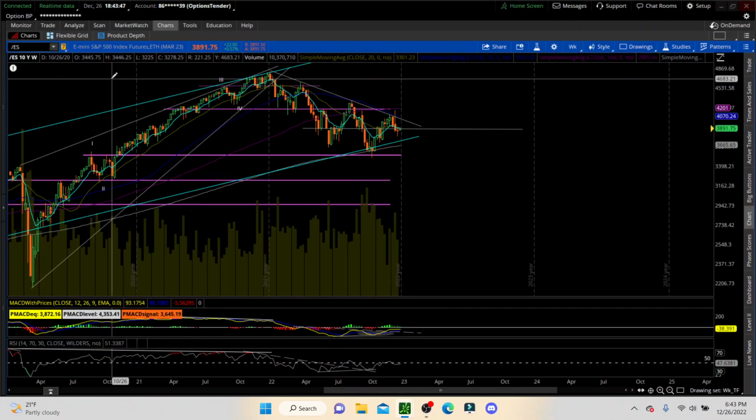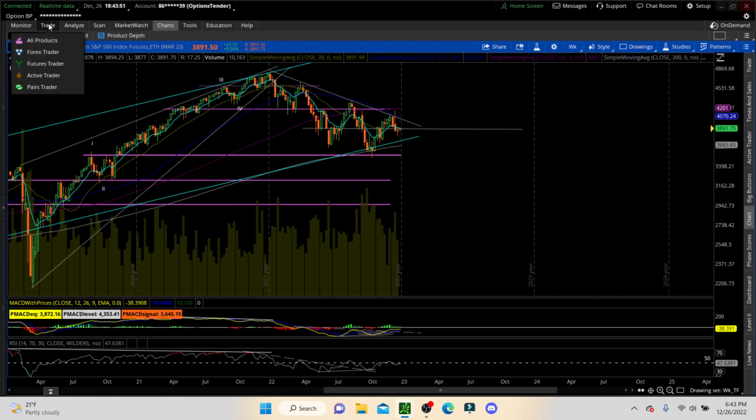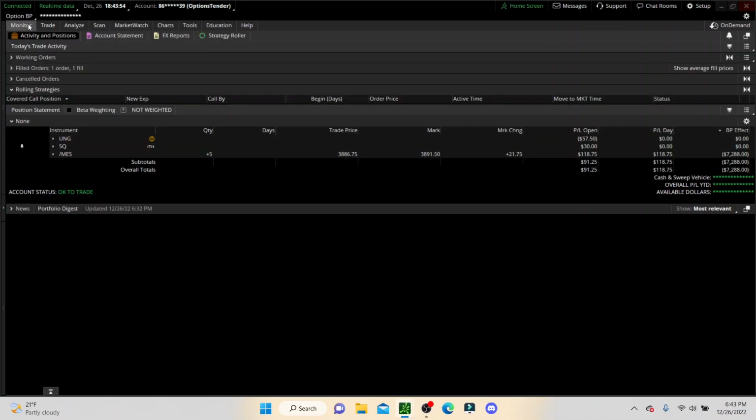Yes, I jumped into MES, the micros for the S&P. I think we grabbed 5, so we're keeping it small. We have 5 of our contracts. And if you're not familiar with TD Ameritrade, this is the profit from the open of the trade.